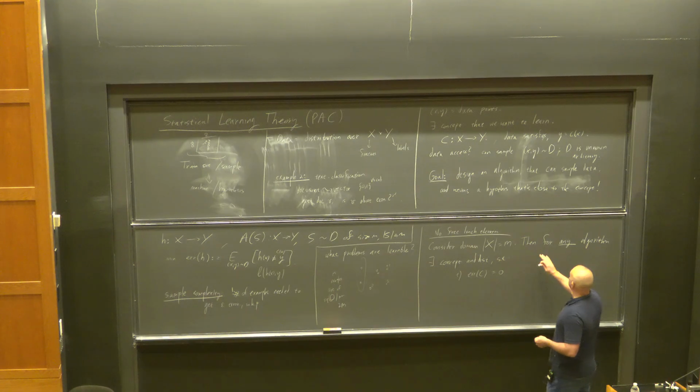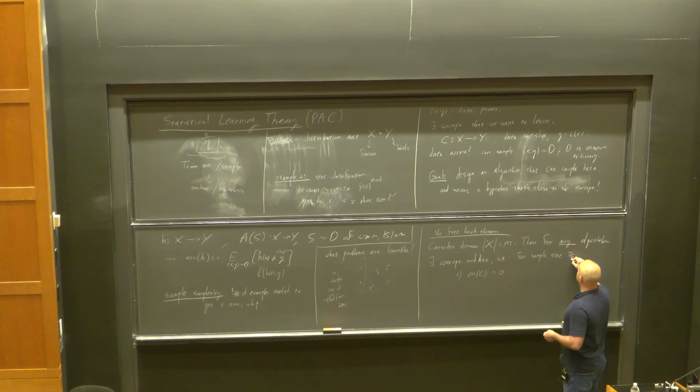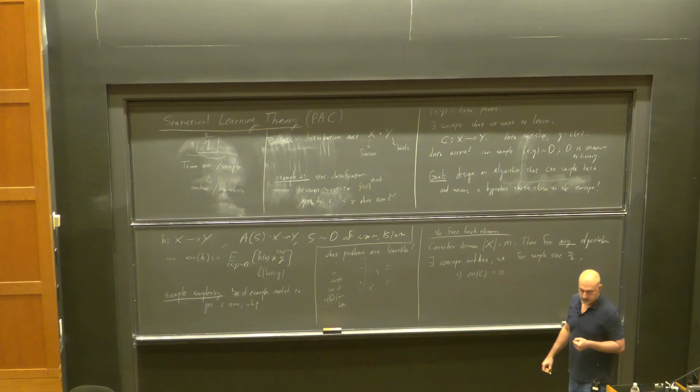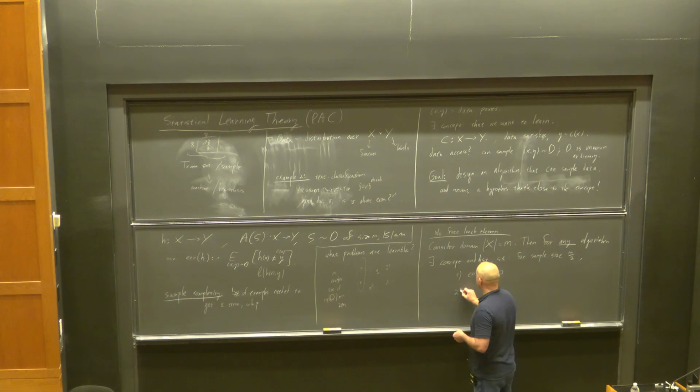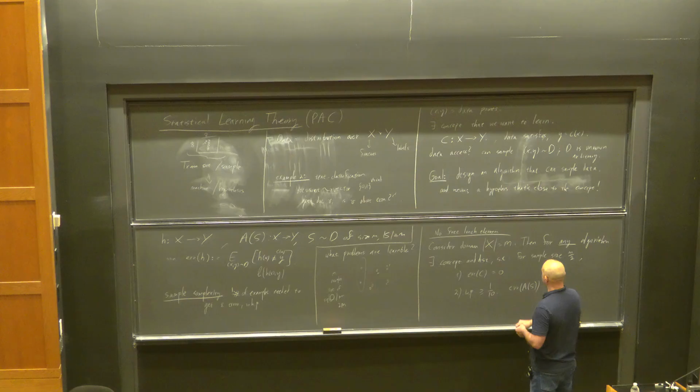Oh, I should say, for any algorithm, there is a concept and distribution such that for sample size M over 2, so even if I've seen half of the domain, which is huge, with probability at least 1/10, the error of the hypothesis that the algorithm returns is at least 1/10.